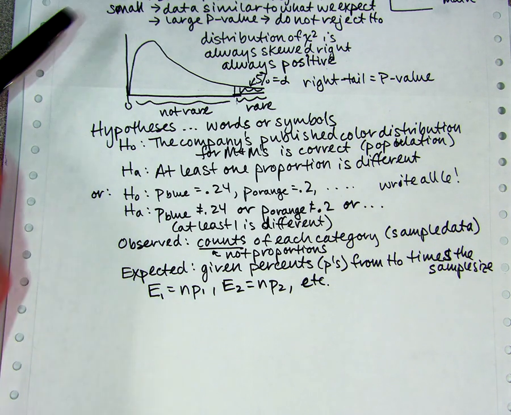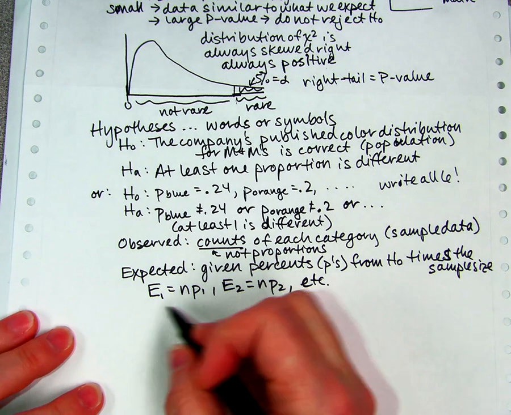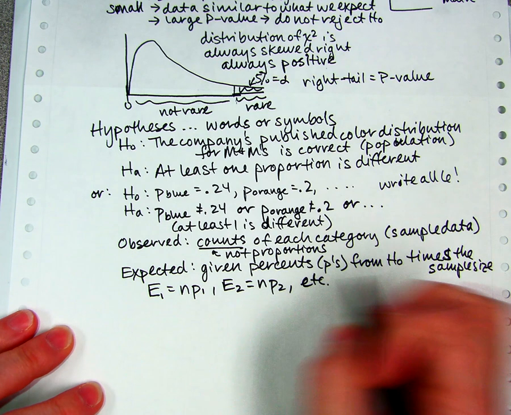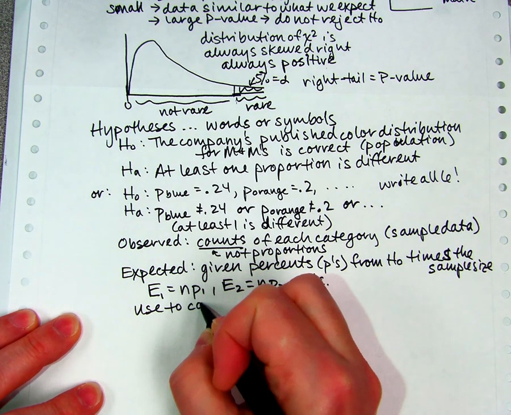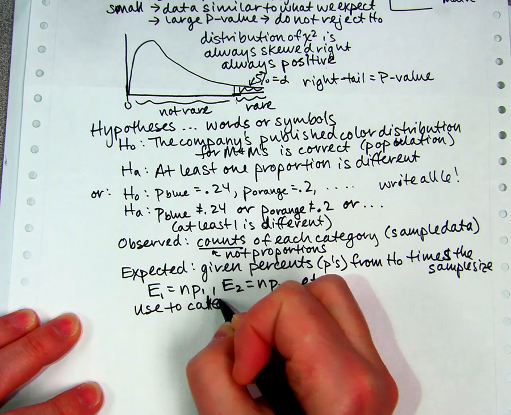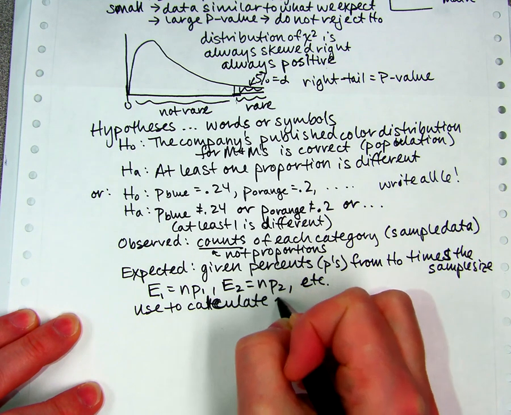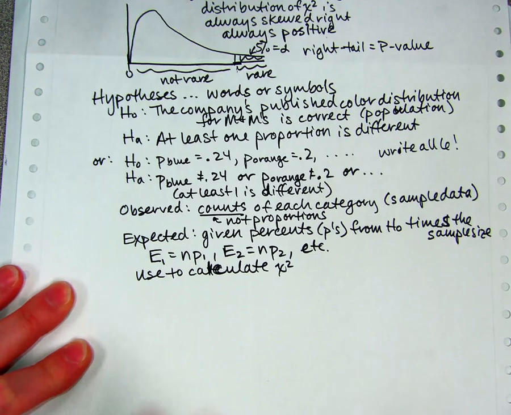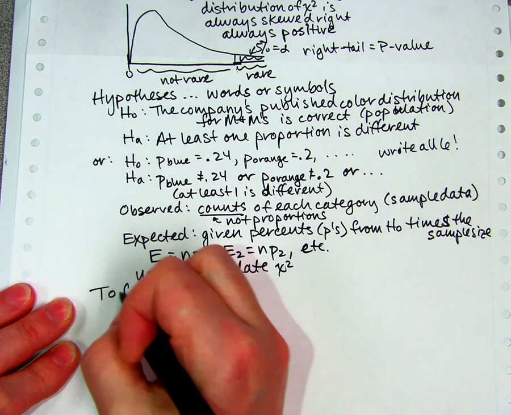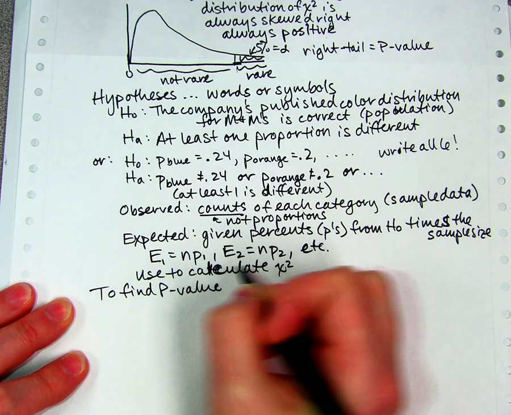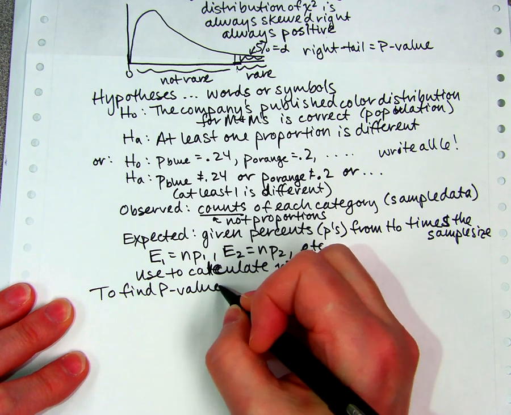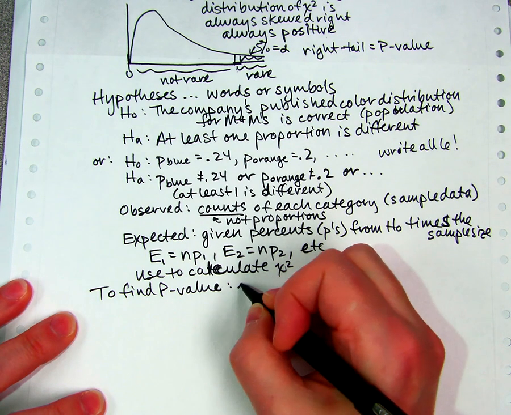And then we already talked about how to get the test statistic. Then you use these to calculate the test statistic, which we wrote up above. And then to find your p-value, as you probably would have guessed, there's a thing called chi-squared CDF.